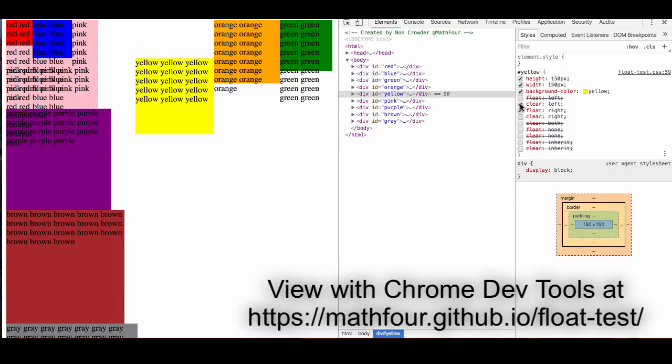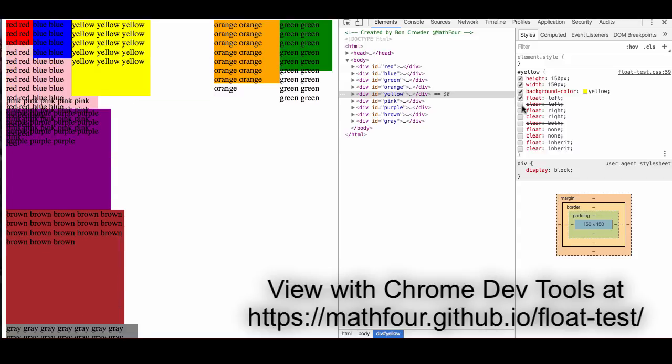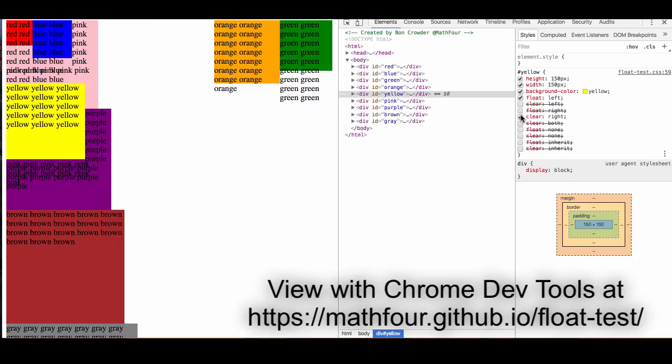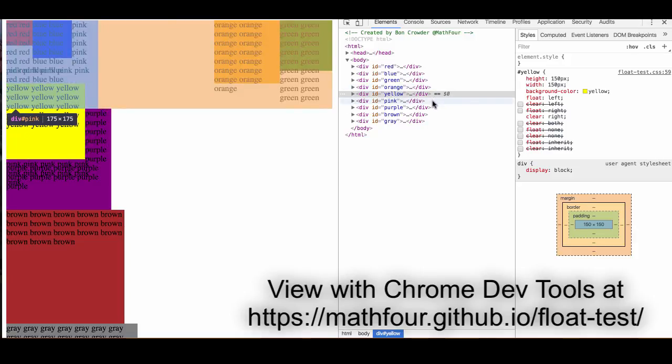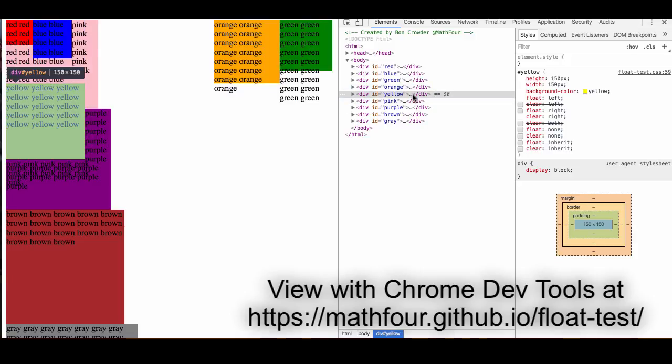But if I don't clear the left and just float the right. Now let's float left, but clear right. Remember, it's clearance. Ooh, so he floated left, but notice he doesn't go all the way across. That's curious.